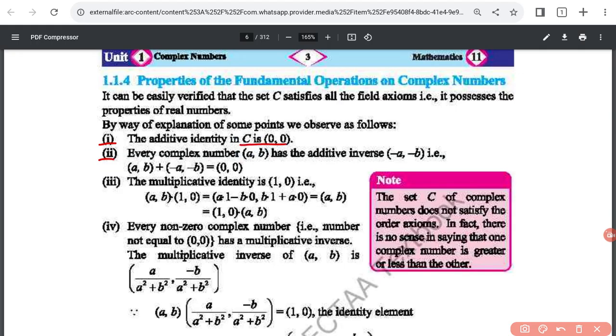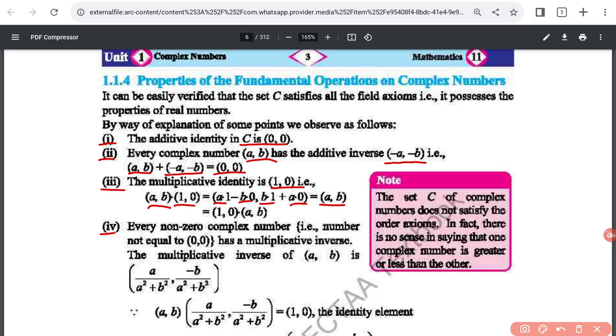The second one, every complex number (a, b) has an additive inverse (-a, -b). So (a, b) plus (-a, -b) is always equal to (0, 0). The third one is the multiplicative identity, which is (1, 0). So (a, b) multiplied by (1, 0) is (a times 1, b times 0, then b times 1, a times 0), so it is equal to (a, b).